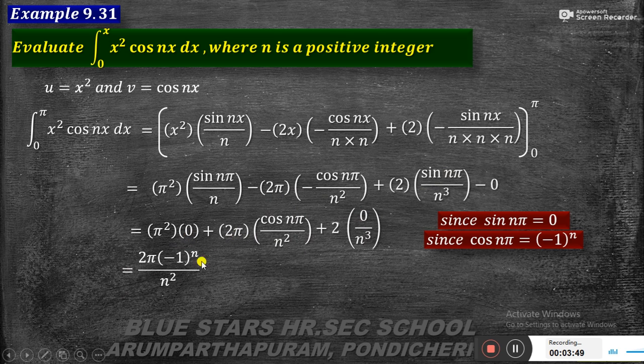So we get 2 pi into minus 1 whole power n by n square. We use the formulas sin n pi equal to 0 and cos n pi equal to minus 1 whole power n. So the integral 0 to pi x square cos nx dx equals 2 pi into minus 1 whole power n by n square. This is the answer for the given integral.